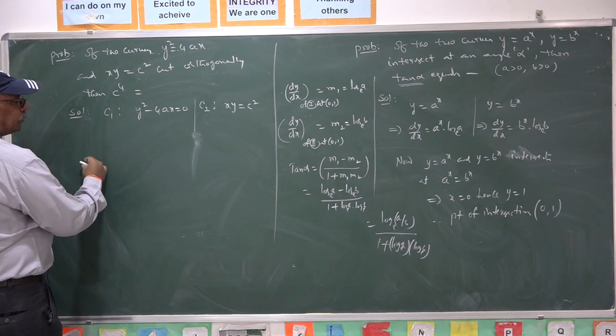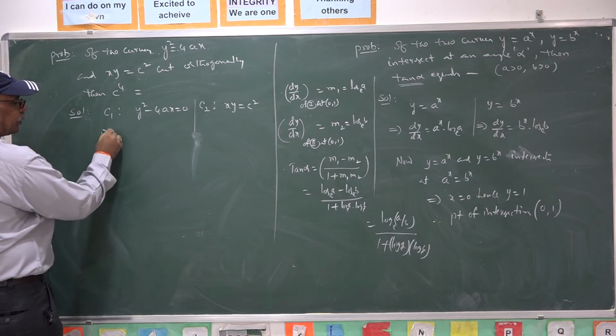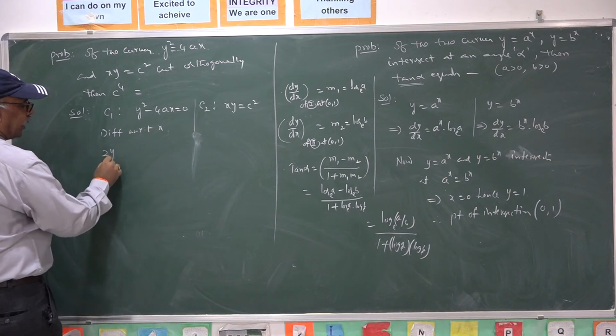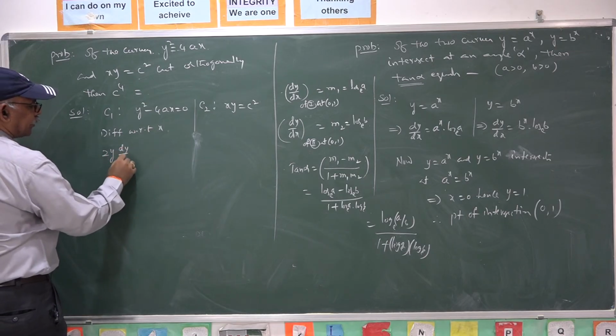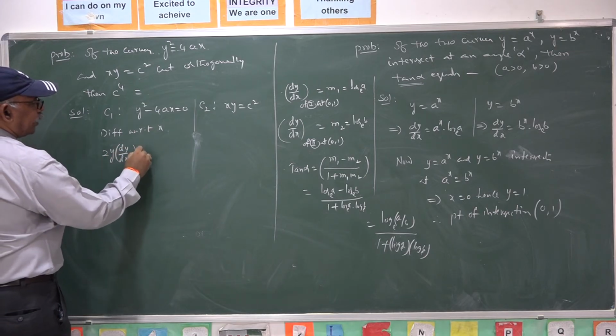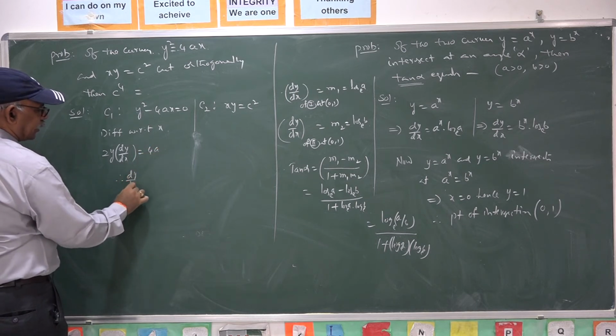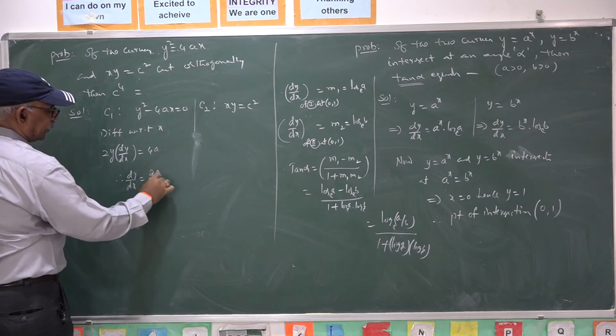Differentiating the first curve with respect to x, we get 2y dy by dx equal to 4a. So dy by dx is 2a by y.